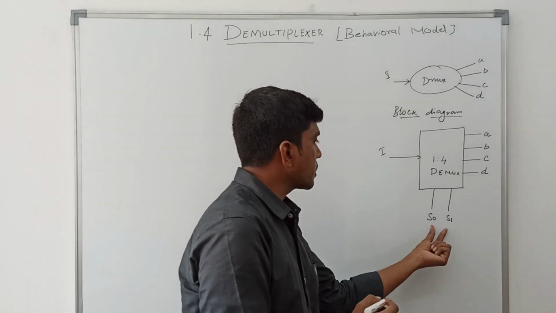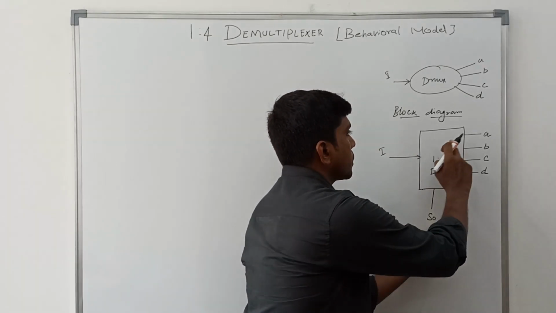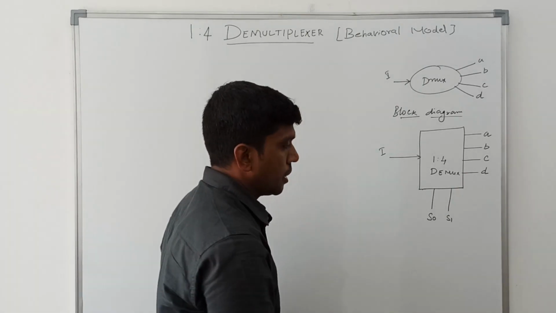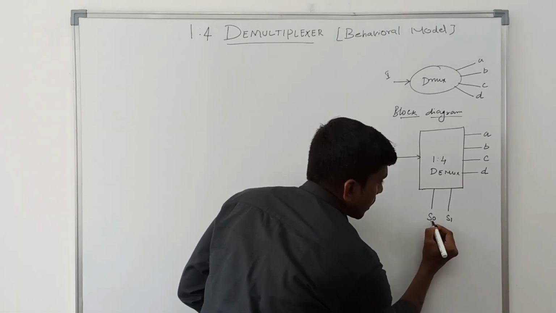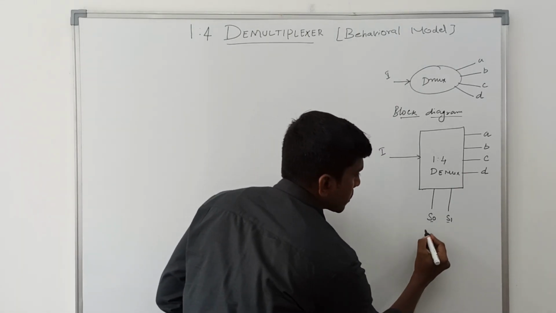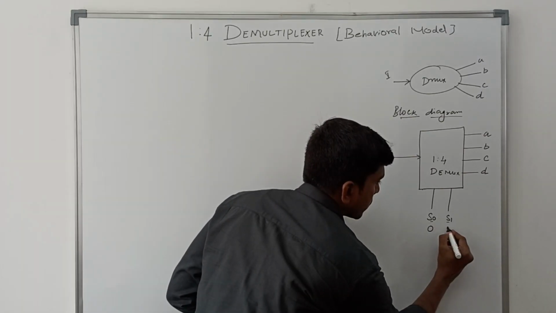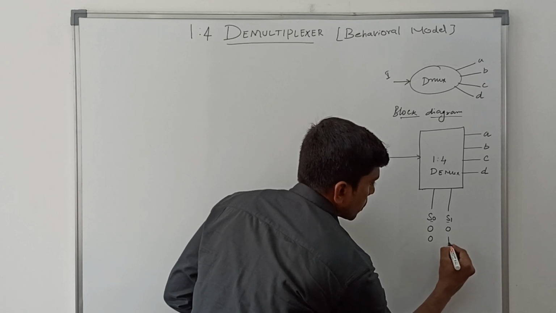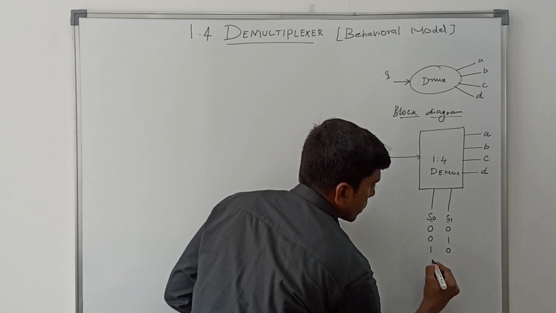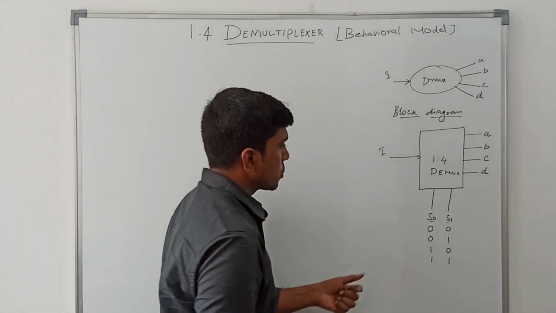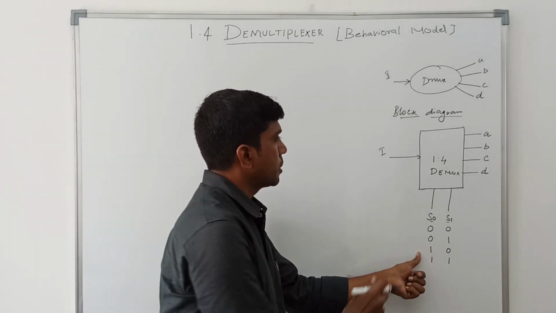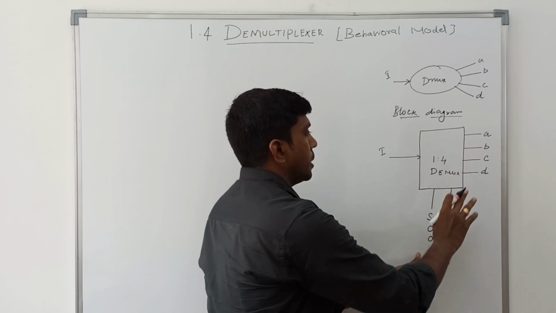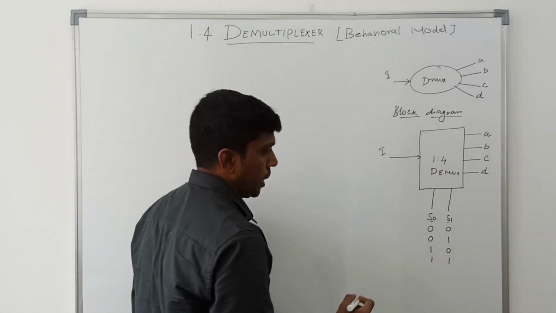Based on the selection lines, the input is connected to A or B or C or D. The selection lines are two variables, so there are four combinations: 0 0, 0 1, 1 0, 1 1. Based on these four combinations, the input value is connected to any of the output variables.